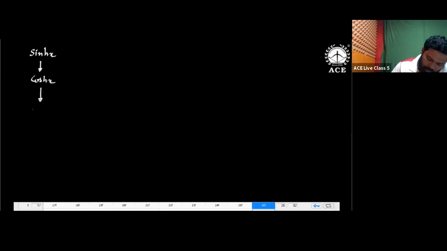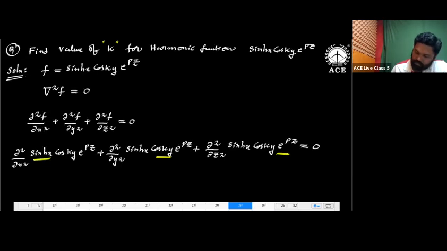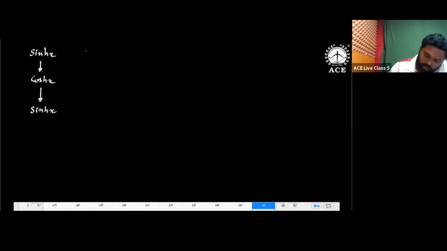One more time differentiation, it is sin hyperbolic x. What is the cos ky? One-time differentiation is minus k sin ky. One more time differentiation is minus k square into cos ky.